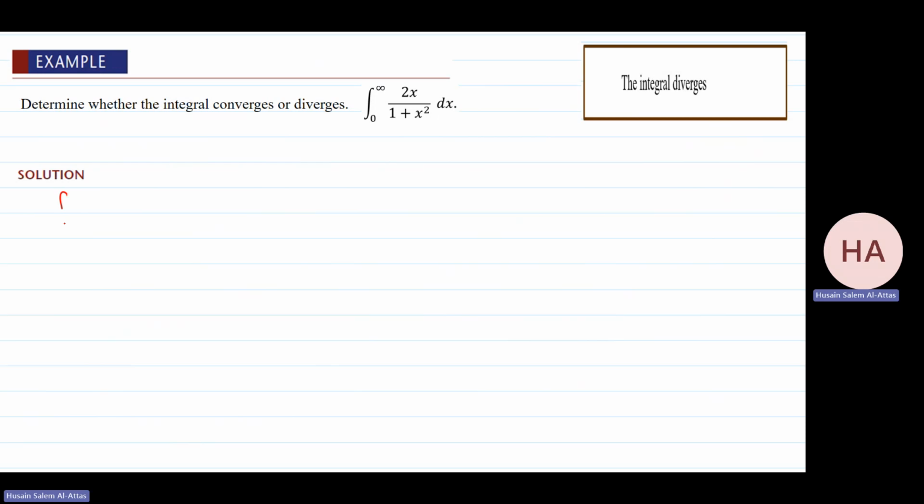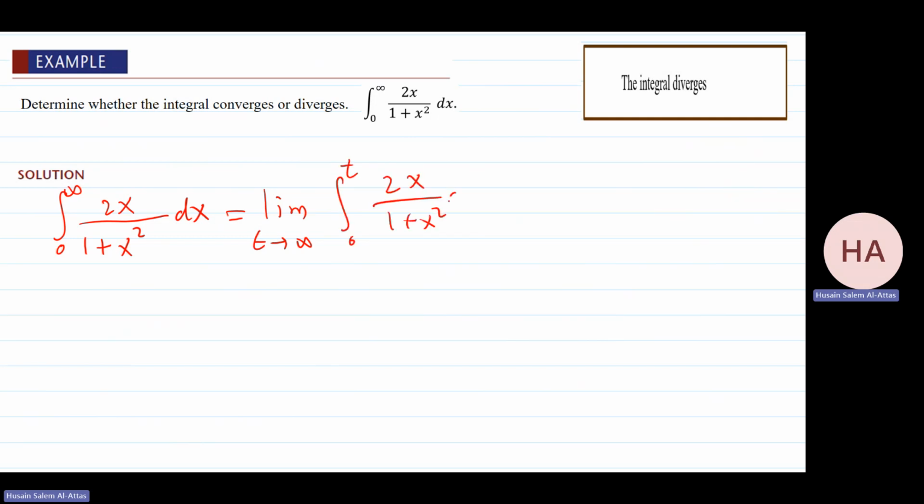I have the integral from 0 to infinity. As I said, it's only a matter of integration and limit, both. So that will be the limit as t goes to infinity of the integral from 0 to t of x over 1 plus x squared dx. You need to do this integration. How to do it?